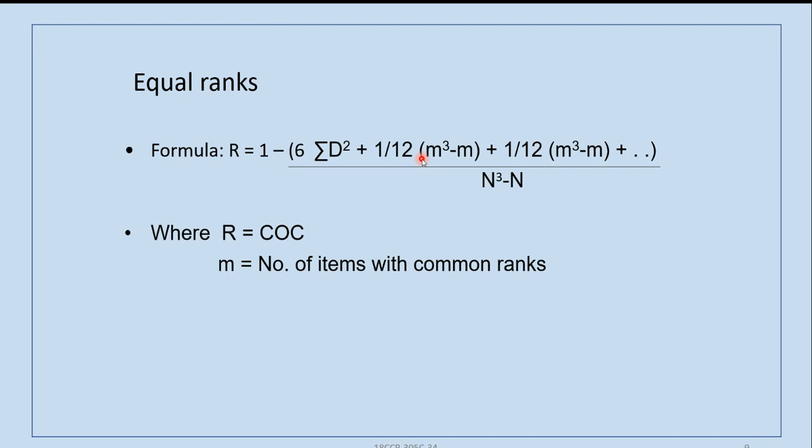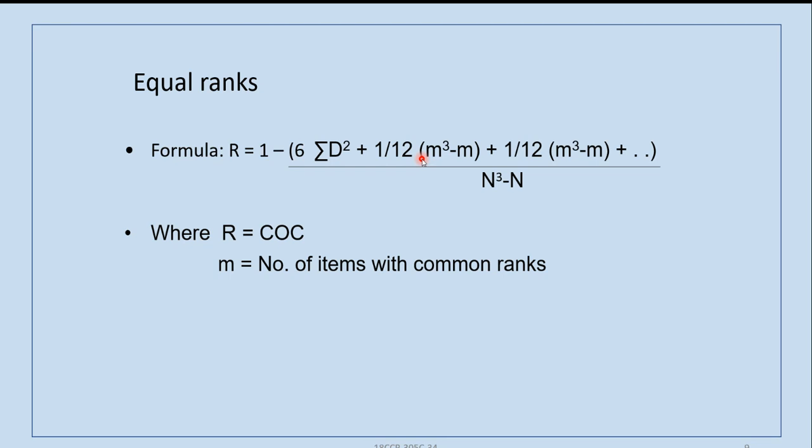If 2 or more ranks are duplicated like this, suppose we get one duplicate rank in X series and one duplicate rank in Y series, then we have to take 1 by 12 into m cube minus m twice.